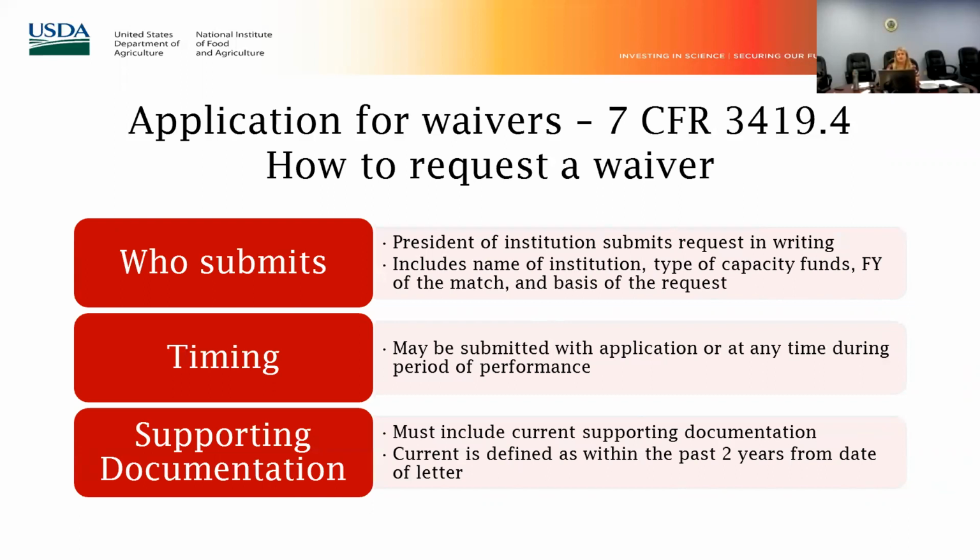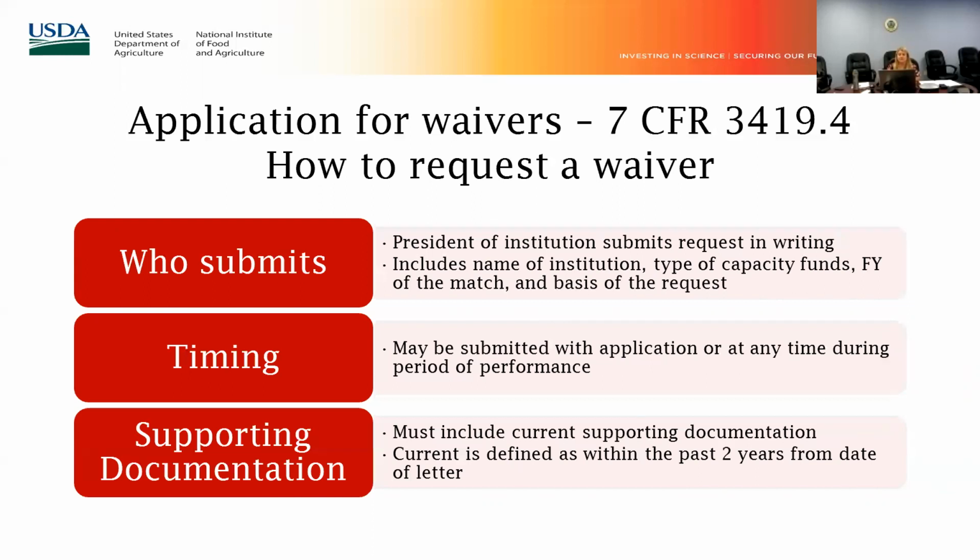This decision was made due to the nature of the criteria for waivers. Really, it has to be a very high level because you're saying that either the institution's in crisis or you've done everything you can to obtain match, and that really rises to a level above the authorized representative. We really want to make sure that the president of the institution is aware of any request for a matching waiver.